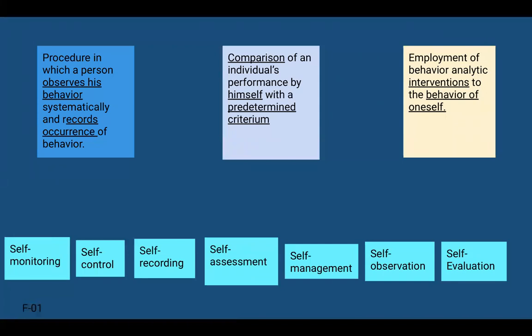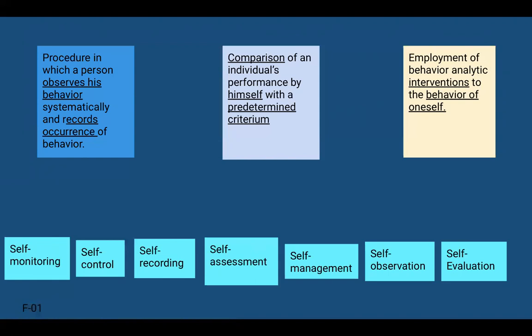Isn't self-monitoring the one where you record? In self-monitoring, you record the occurrence and non-occurrence of behavior. Did you mean to leave non-occurrence out? Exactly, I wrote it a while back and might have left it out.